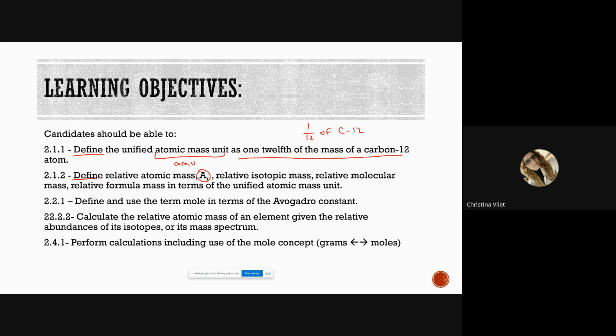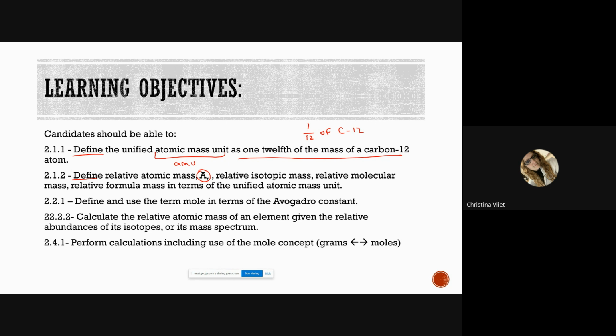Relative atomic mass, we really just think of it as like the molar mass. So for example, zirconium: the mass of an atom versus the mass of a mole of atoms. The mass of a sample of zirconium is going to average out to be 91.2.